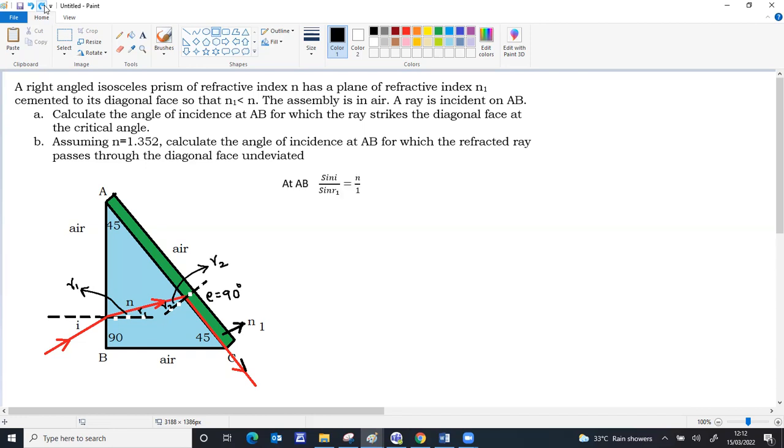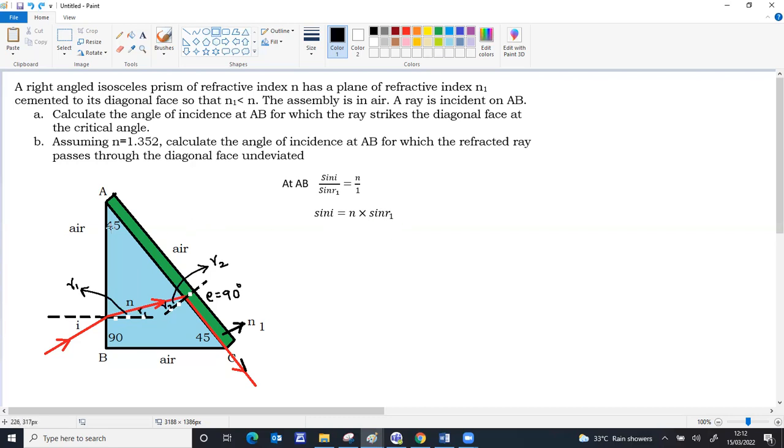We are applying Snell's law at AB because we want the angle of incidence. Sin I by sin R1 equals the second medium refractive index by the first medium's, so n by 1. From that, sin I will be n times sin R1. n is already given in the question. If you can find sin R1, then you can substitute and get sin I, then I will be sin inverse of that.